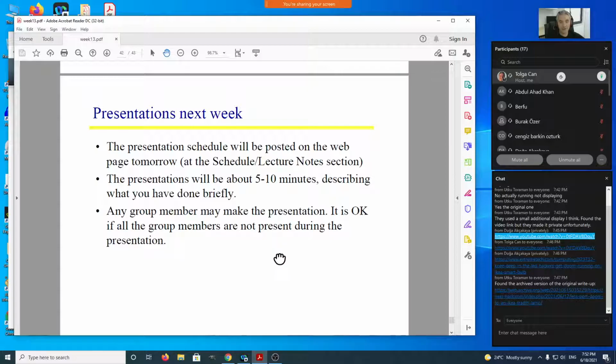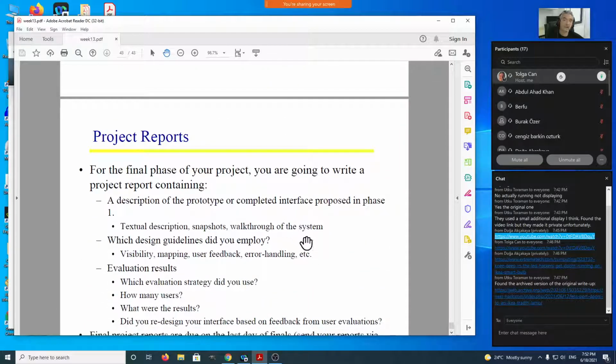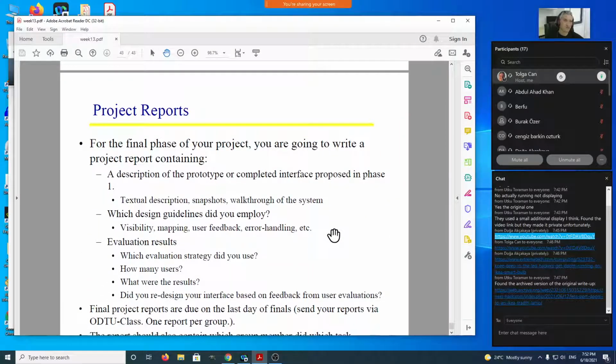And final project reports are going to be due on Sunday, July 11th or 12th. I think July 11th is Sunday, so it will be July 11th. The 11th of July, Sunday, will be the deadline for your final project reports, and I will have about a week to regrade them.